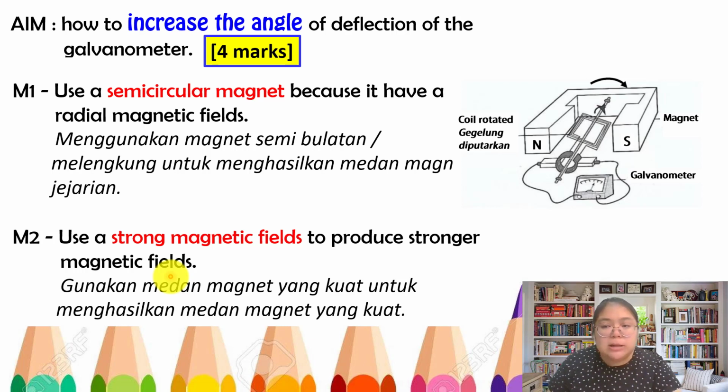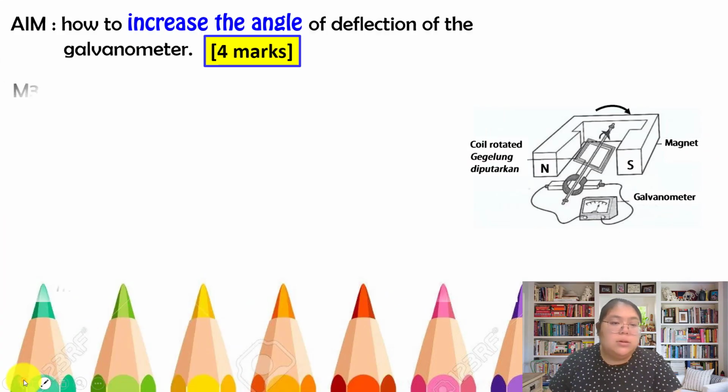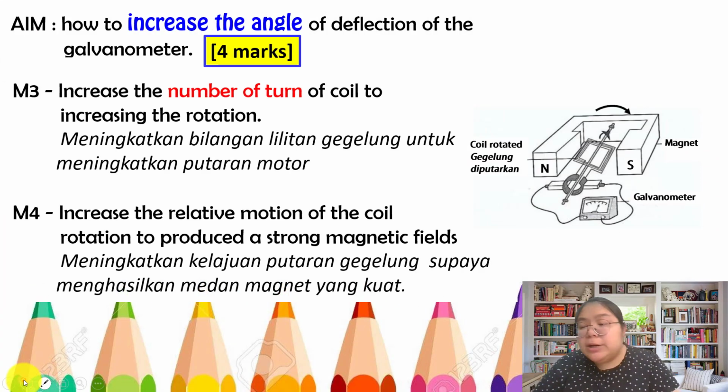If you do not want to mention the magnetic field, we also can mention the rotation, or you also can mention the number of turns. Let's see another example. You can mention increase the number of turns of the coil to increase the rotation.